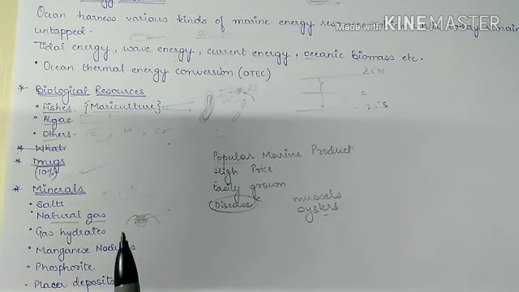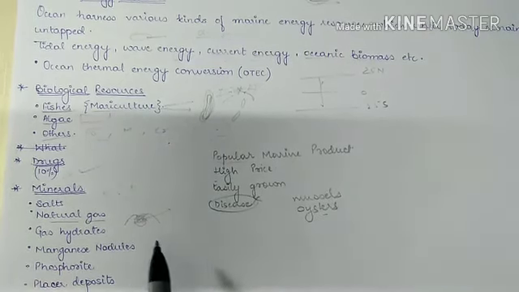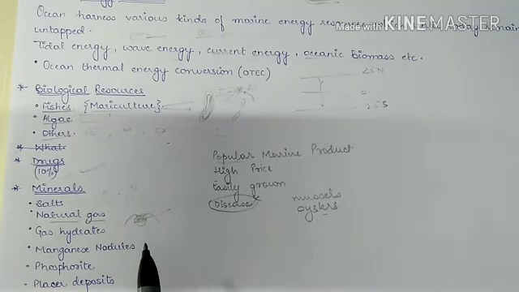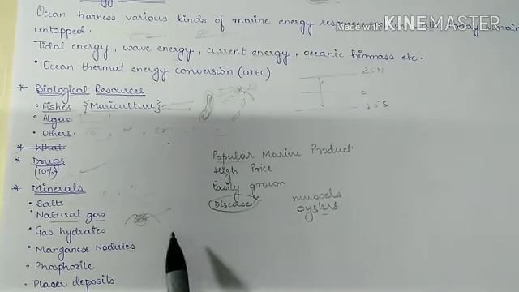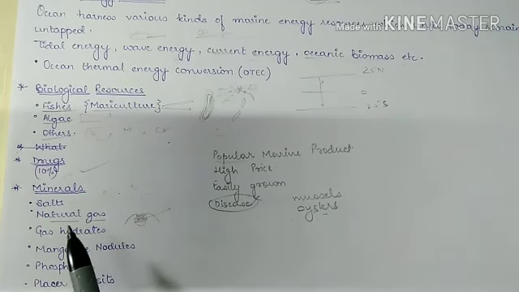Then we have another thing known as gas hydrates. Gas hydrates are crystalline compounds of water and methane, and they are formed at sufficiently high pressure and moderately cool temperature. So we need high pressure and cool temperature for the formation of gas hydrates.